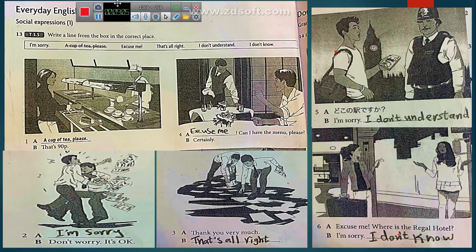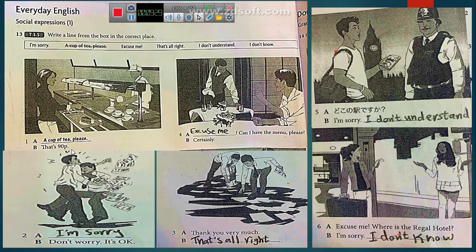Here we call it a social expression. Write a line from the box in the correct place. I'm sorry, a cup of tea please. Excuse me, that's alright. I don't understand. I don't know. Here in the first photo, we will add a cup of tea please.